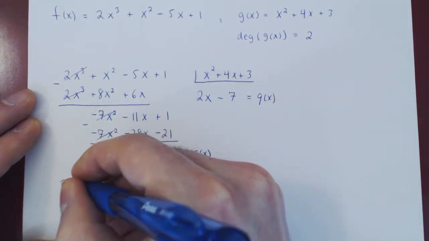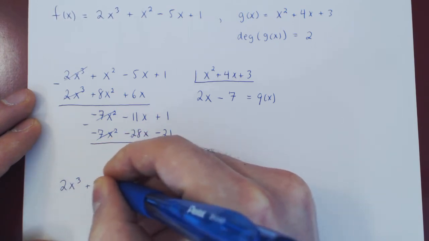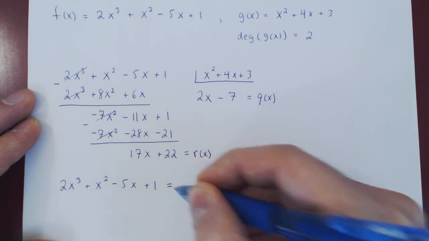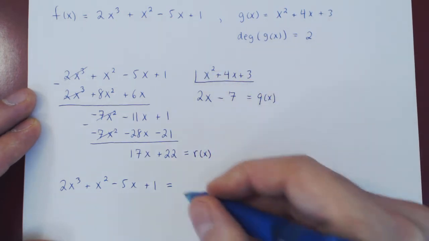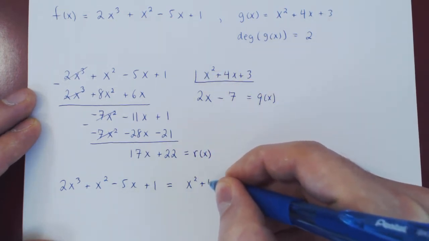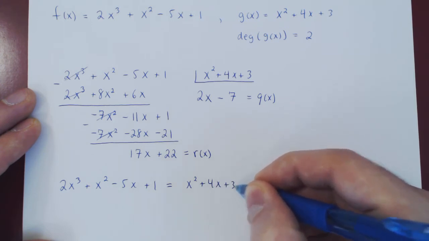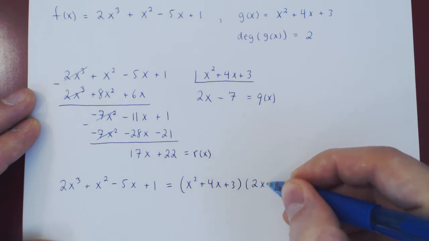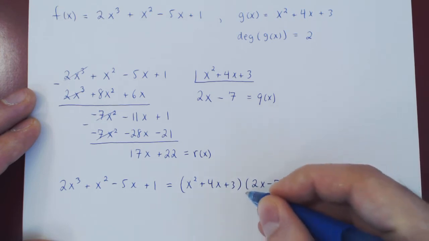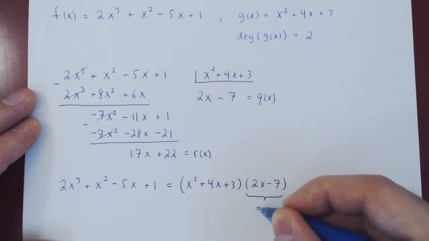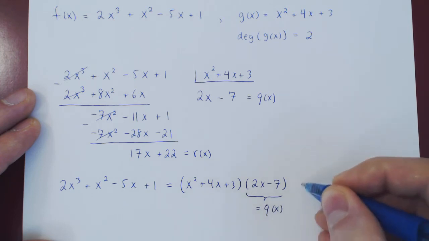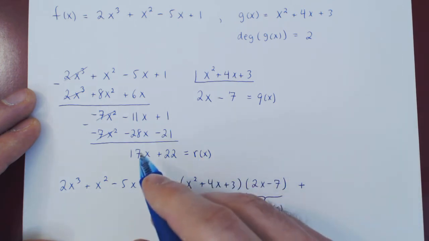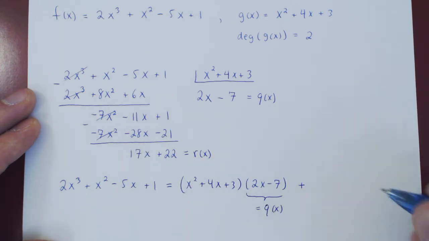And so now we can write our conclusion from this long division. Our polynomial f of x, 2x cubed plus x squared minus 5x plus 1, will be the divisor, x squared plus 4x plus 3, times the quotient, 2x minus 7, plus the remainder, which is 17x plus 22.